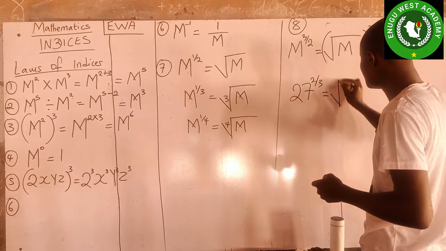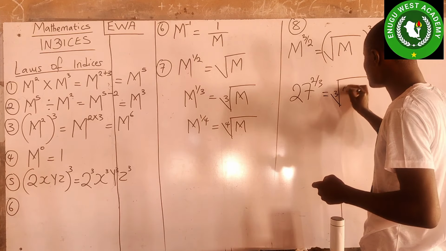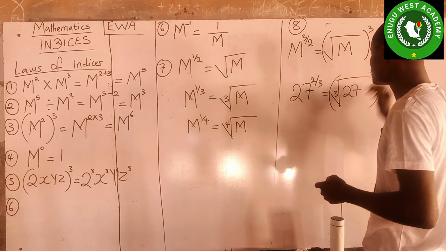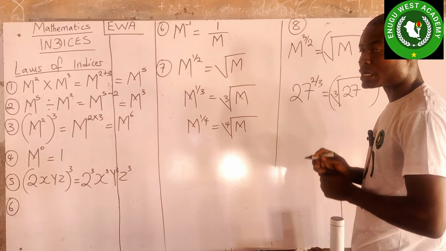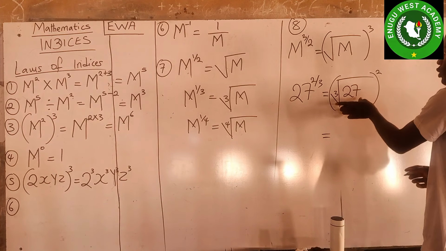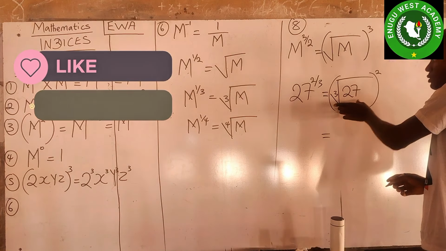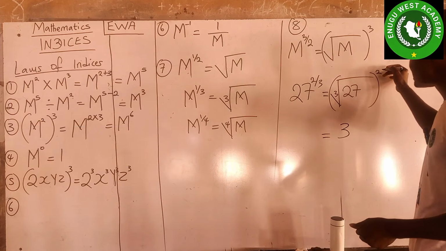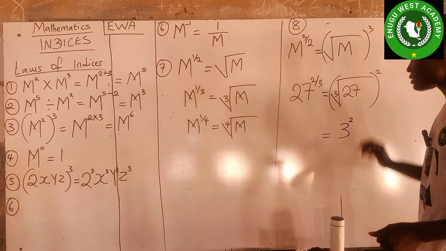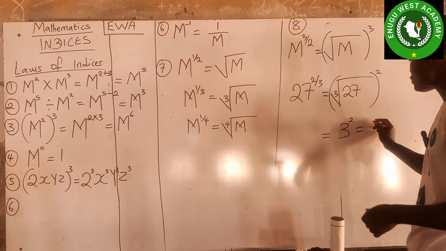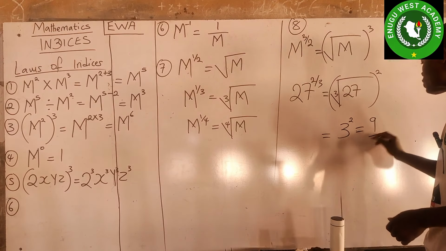So you're going to have the cube root of 27, all raised to power 2. What is the cube root of 27? We know that it is 3. Now, the 2 that is outside will be here. So 3 raised to power 2 means 3 times 3, which will give us 9.